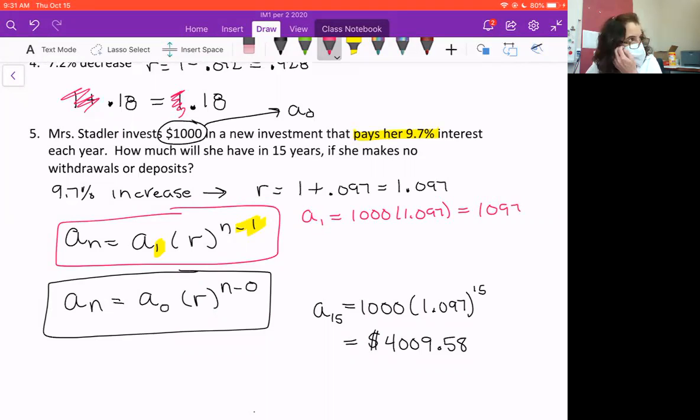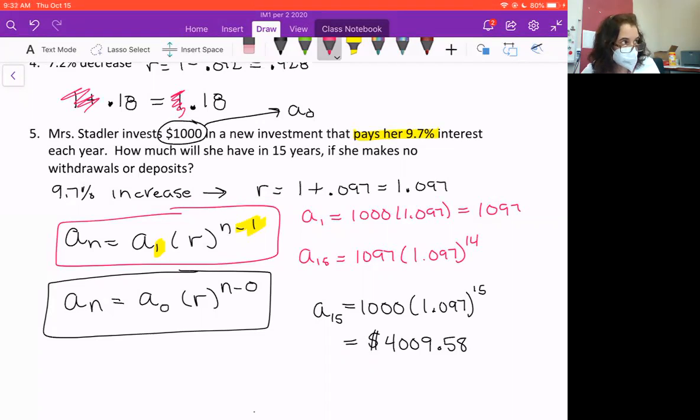At the end of the first year, you now have 1,097. You earned $97. Now you can do a sub 15 equals 1,097 times 1.097, and then for n minus 1, you would use the 14th power. You'll get the exact same answer.